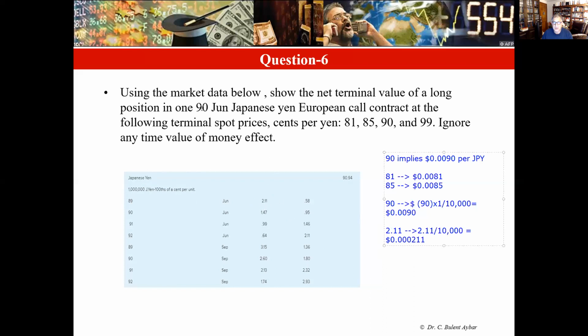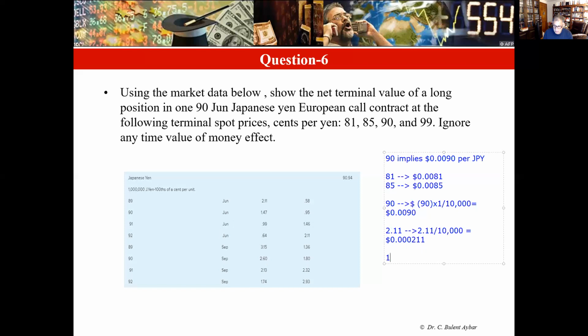In this case, since we are dealing with the June Japanese contract, the contract price or the premium is going to be 1.47.